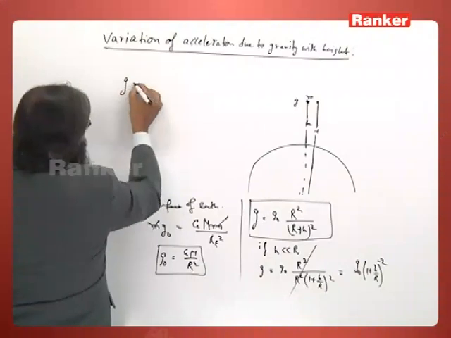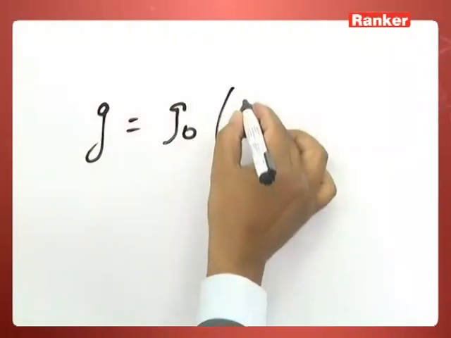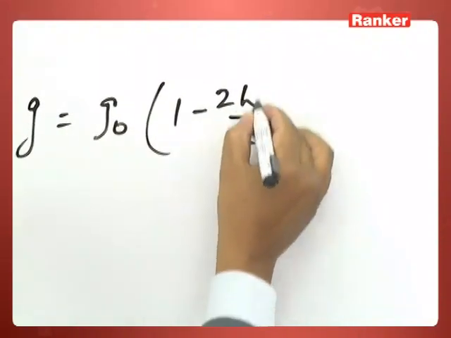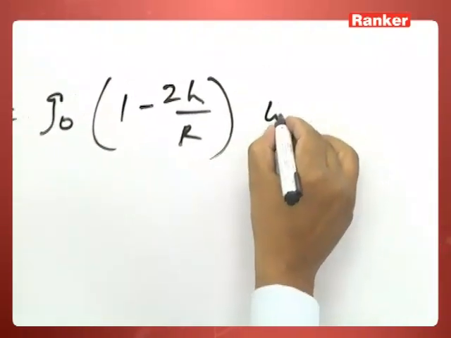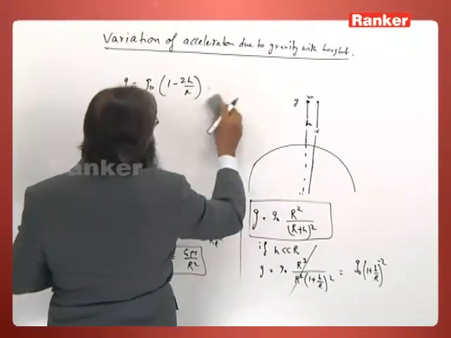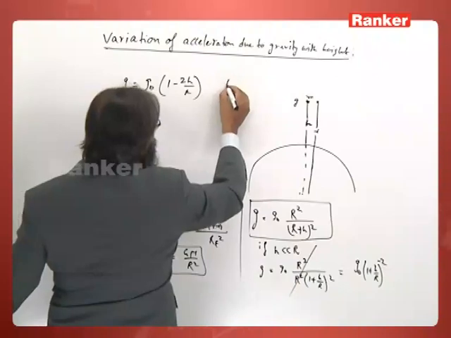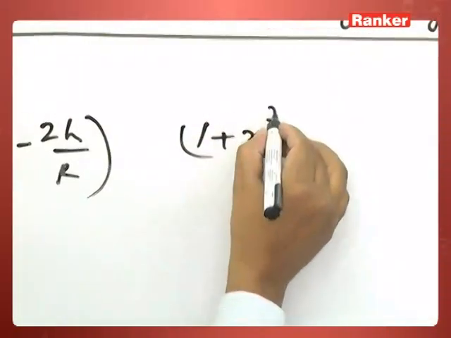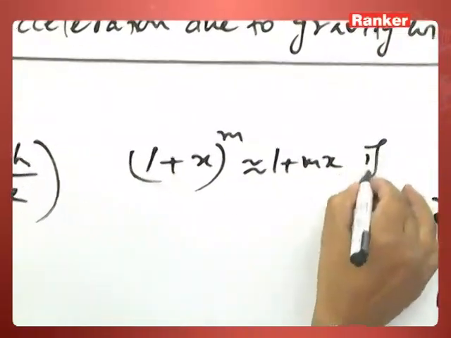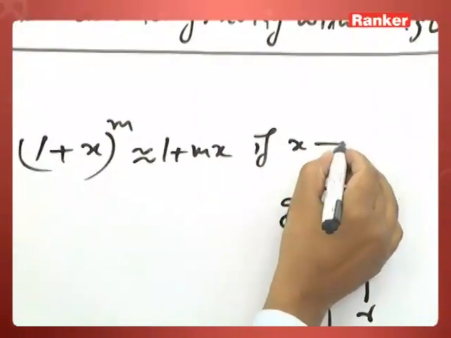Now g becomes g naught into 1 minus 2h by R, where we have used the binomial expression. We use the concept of 1 plus x to the power m is equal to 1 plus mx if x tends to 0.